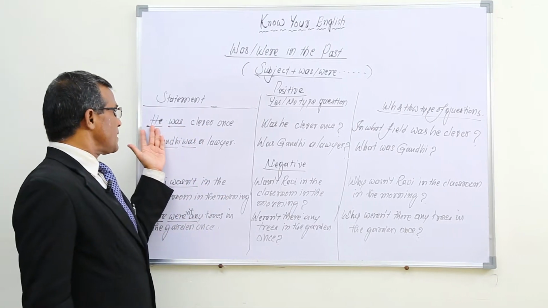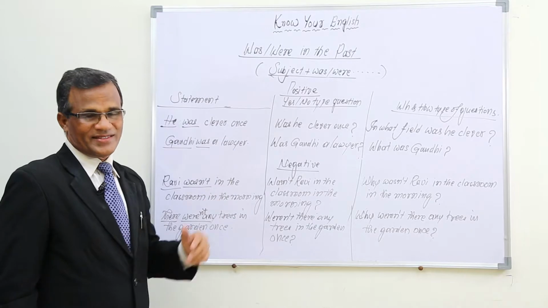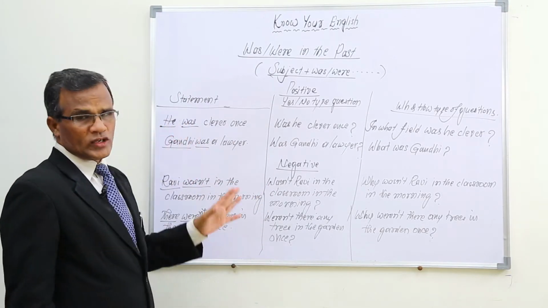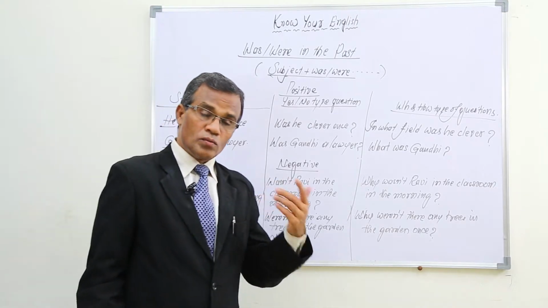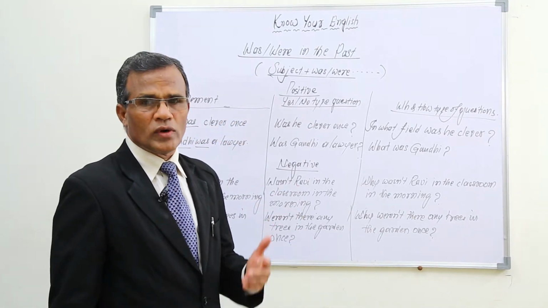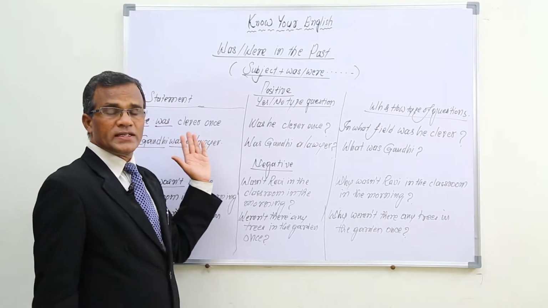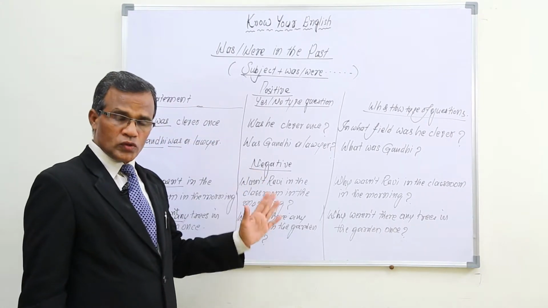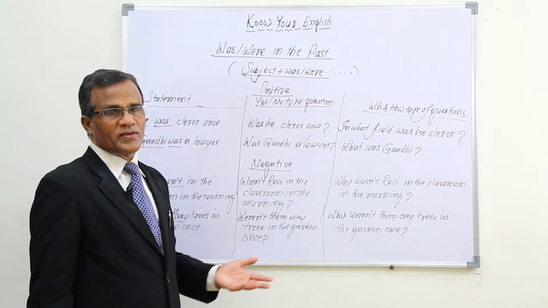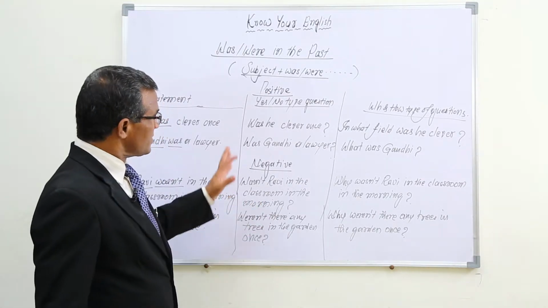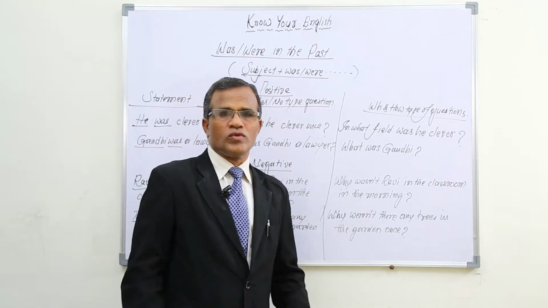In the same way, how many people were clever once? How many of you were clever once? Like that, we can take who, how many people, how many of you, how many of us, how many of them in the place of subject in a statement, and get WH and how type of questions. Okay, this is the way of putting questions.